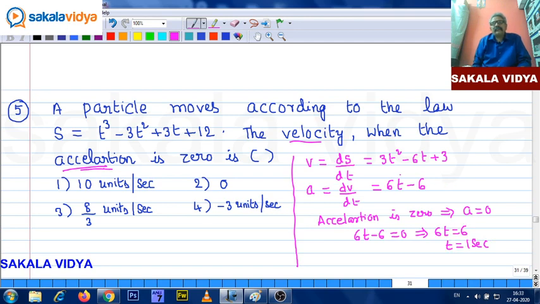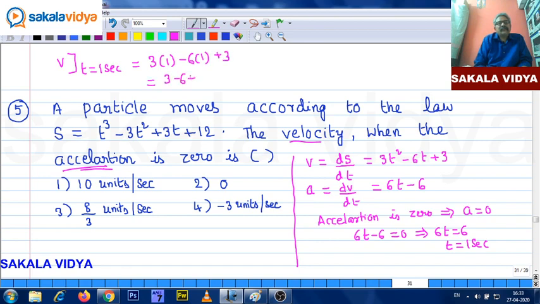Now at t equal to 1, we need to find the velocity. That is 3 into 1 square minus 6 into 1 plus 3, so we have 3 minus 6 plus 3, that is 0. So the second option is the right option.